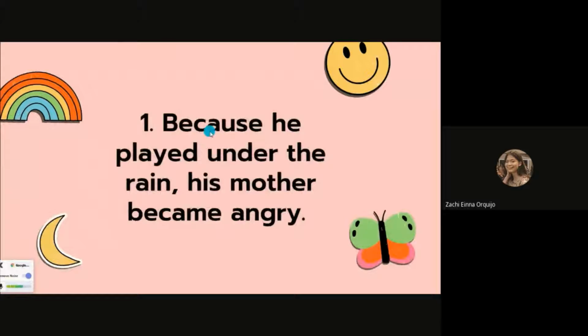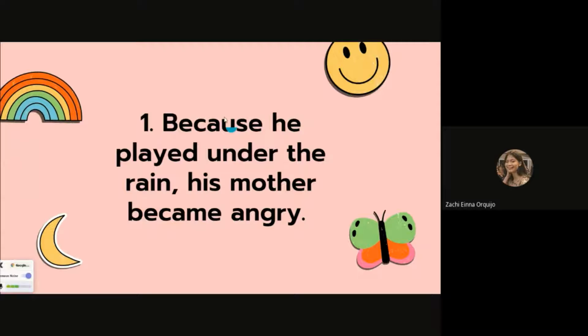So let's talk about each sentence. For the first one: because he played under the rain, his mother became angry. So yung because he played under the rain, yung pagligo nga sa ulan, nung naligo yung isang bata sa ulan, nagalit ang kanyang nanay. So, yung pagligo sa ulan, ito po ay cause or sanhi, no?